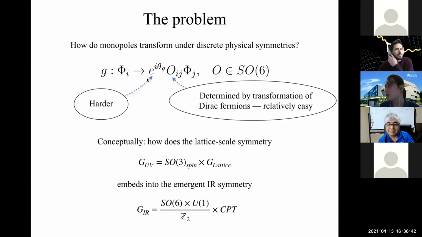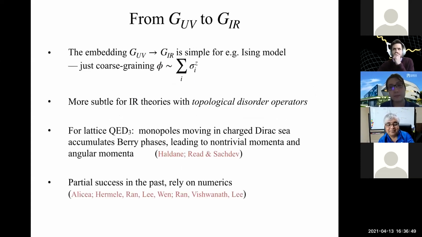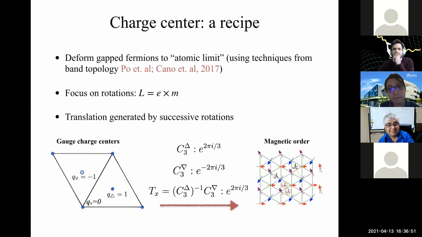Yes. Okay. And then when you're doing the rotation, I'm confused what was rotating where. So you have these charge centers. Yes. Here. So there's a charge center at Q delta equals 1. And now where is the monopole? The monopole is completely delocalized. Yeah. So I think the simplest idea is that you imagine putting the monopole somewhere here.